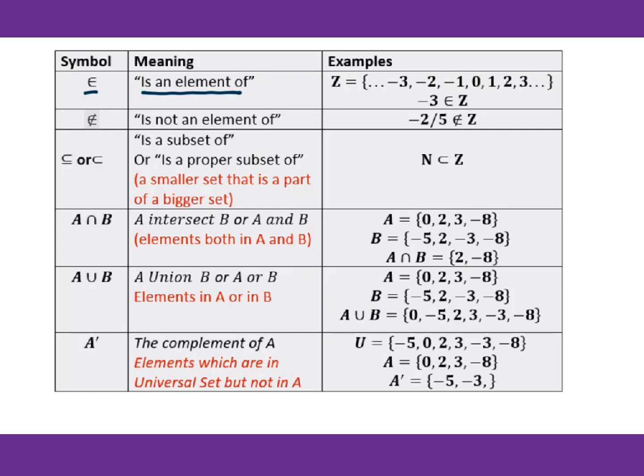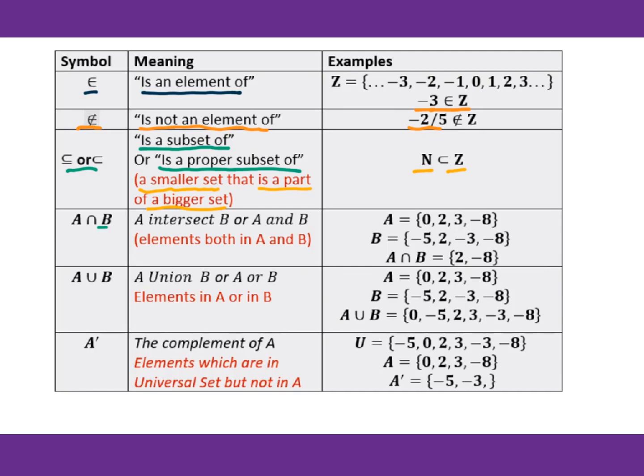For example, -3 is an element of set Z. This symbol means is not an element of. -2/5 is not an element of set Z. This symbol means it's a subset of, or a proper subset of, which means a smaller set that is part of a bigger set, like the natural numbers N are a subset of the integers Z.